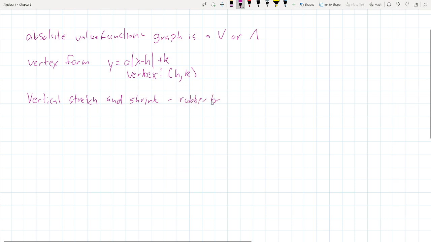If 0 is less than a, because we can't have an a of 0, that would make everything disappear and we'd have a line, and a is less than 1, then it's a vertical shrink. If it's greater than 1, then we have a stretch. And you might ask, what if it is 1? Then there is no change, so there's no stretch or shrink.